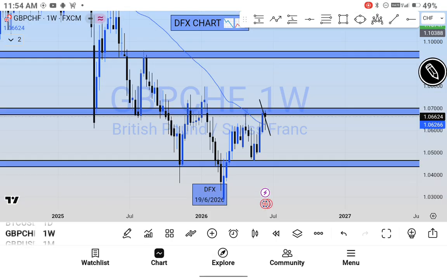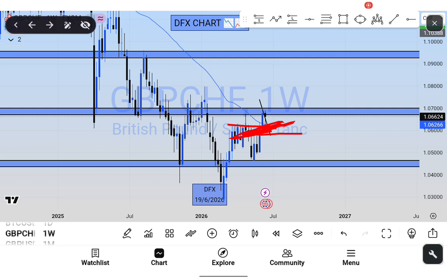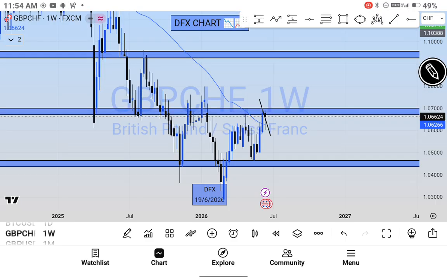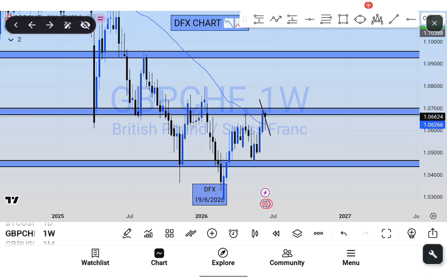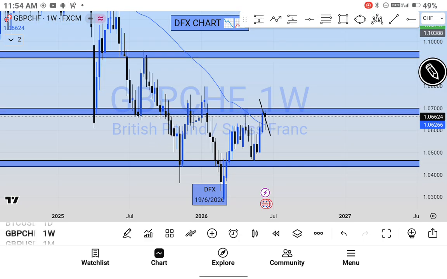We were looking to take a trade around there last week, but we couldn't get that because the buying pressure was high. So this week we wait on our ends. If we can have a retracement back to the POI, we still take the buy, or we wait for the market to break above and we continue buying Pound CHF.